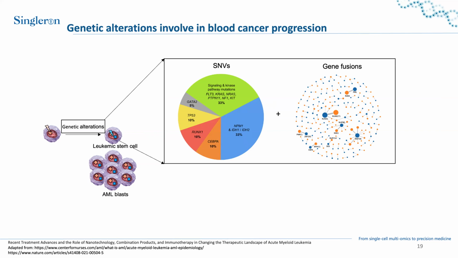And the problem is that in this case, there will be an excessive amount of abnormal white blood cells and a lack of normal blood cells.